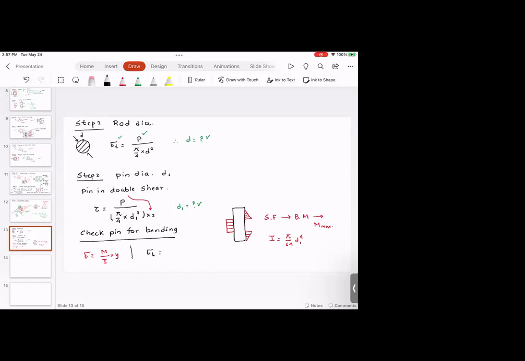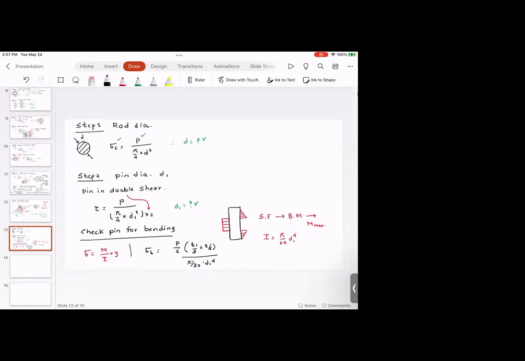Sigma bending is equal to P by 2 multiplied by (t1 by 3 plus t by 4) divided by pi by 32 D1 to the power 4.